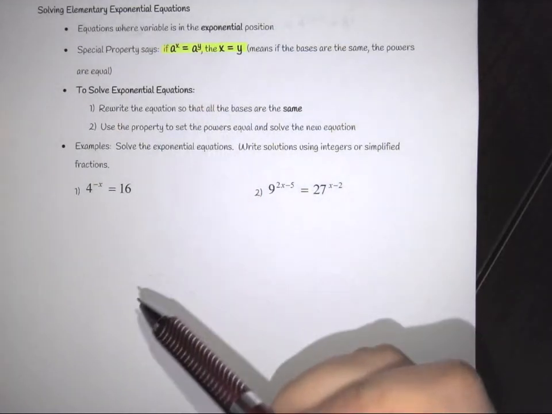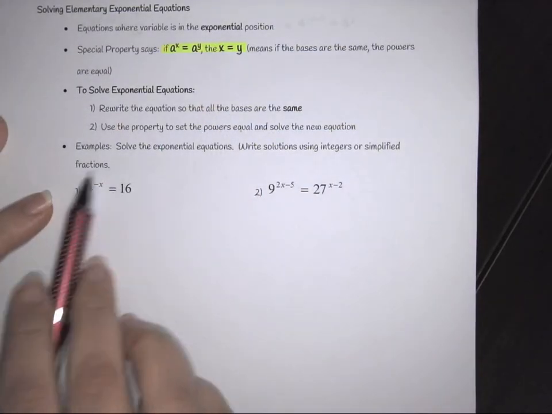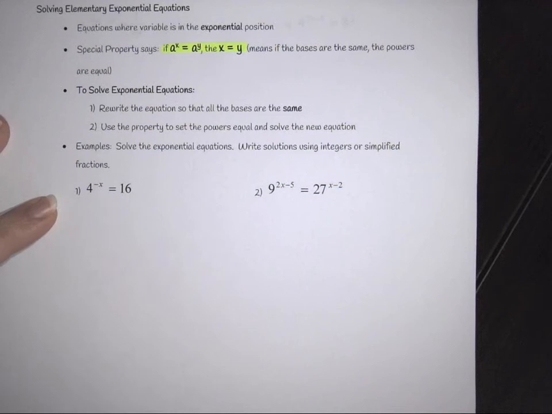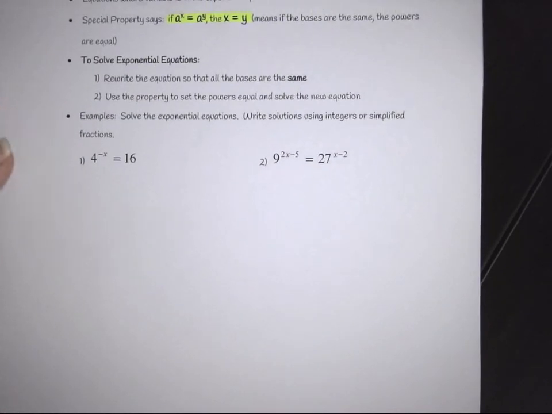So we have this problem right here. The first thing we need to do is rewrite your equation so that you have the same bases. The reason you want to do that is so that you can apply your property and thus solve for your variable.